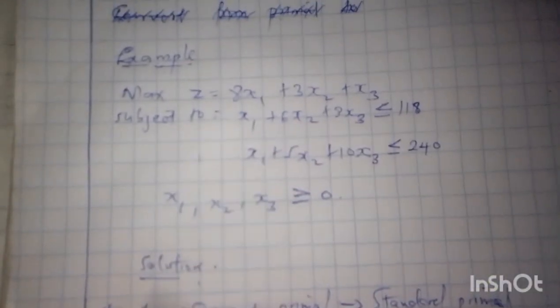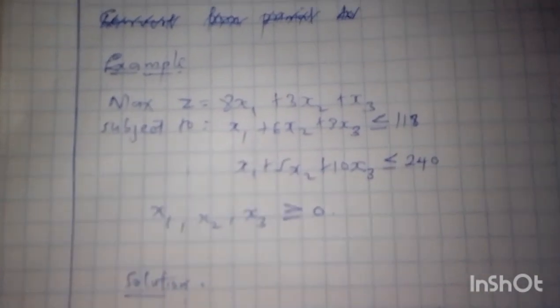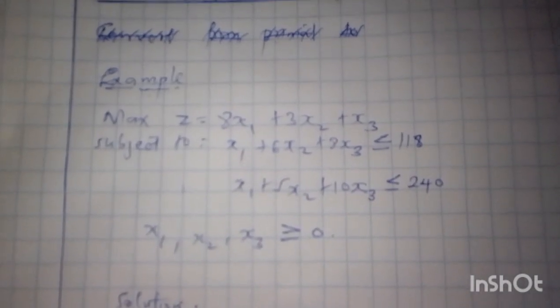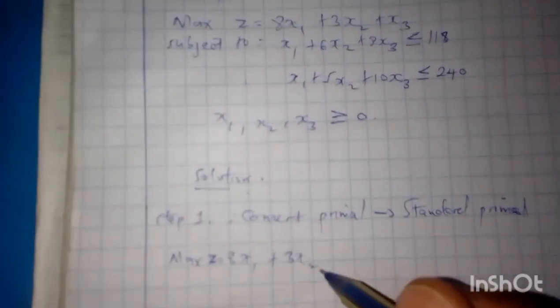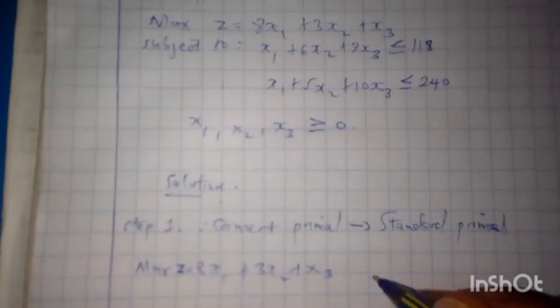So you can say that maximize, I'm just copying here, z equals 8x1 plus 3x2 plus x3, and you can call this equation 1.